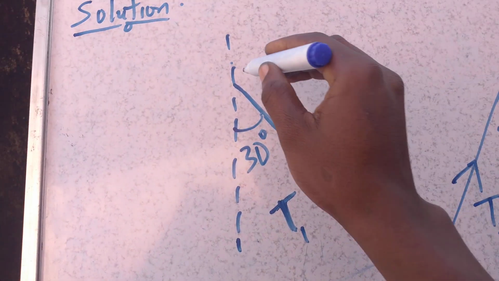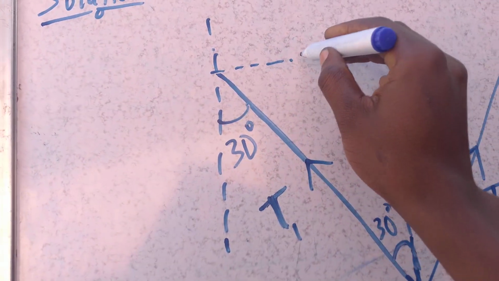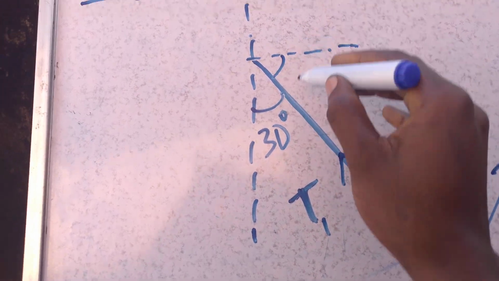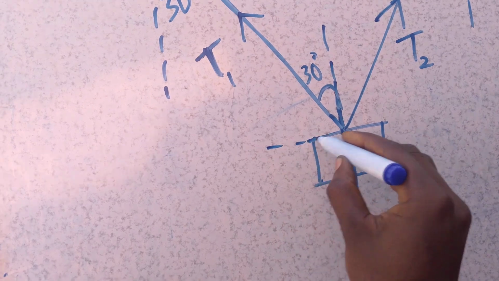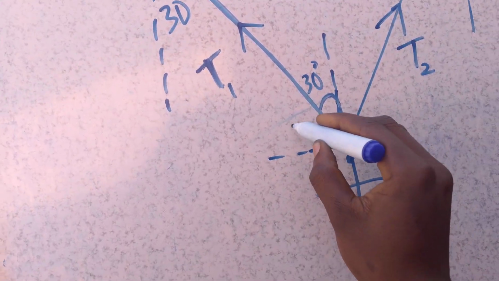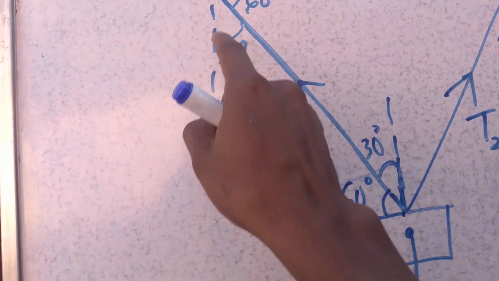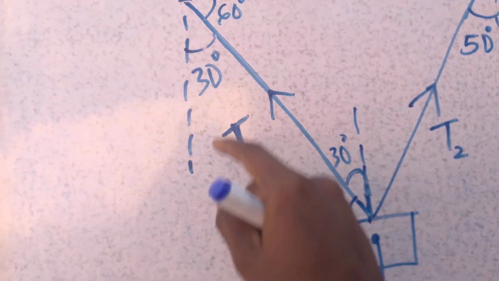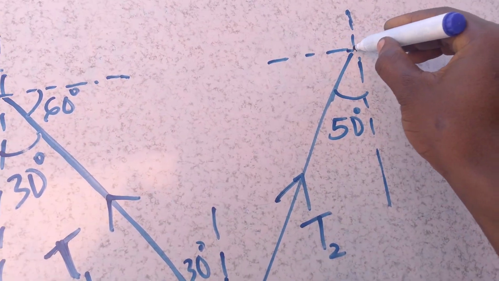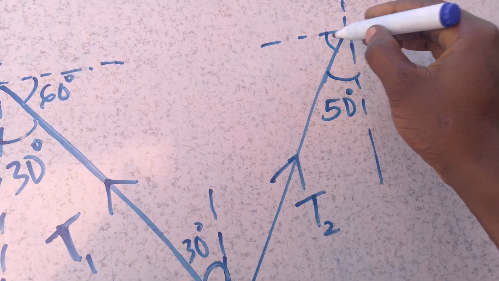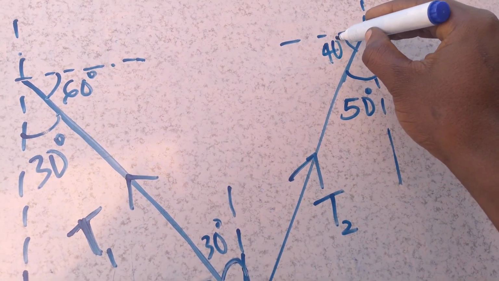Okay, and you should also know that 90 minus 30, here will be 60 degrees. So this side now will be 60. So this will alternate this. And then what will you say about this other side as well? 90 minus 50, here will be 40 degrees.